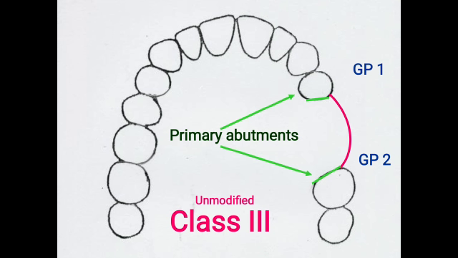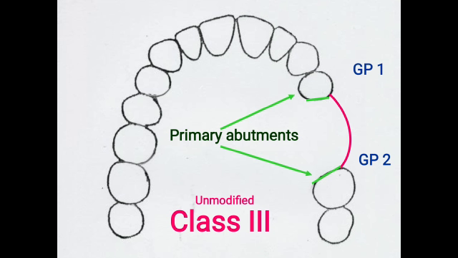And as I was telling you, these are the primary abutments. Primary abutments are the abutment teeth which bear the load of a removable partial denture, the teeth on which we place our rest seats, through which the load is distributed to adjacent hard and soft tissue.